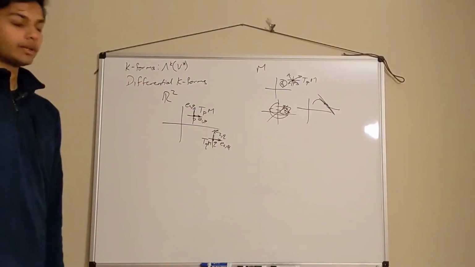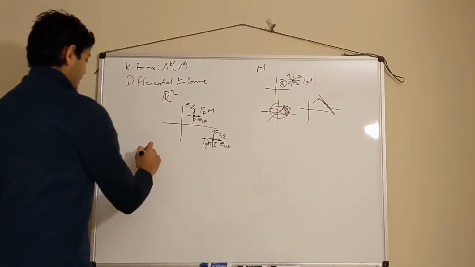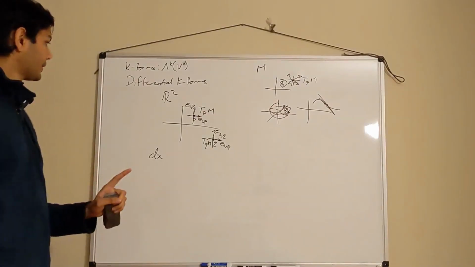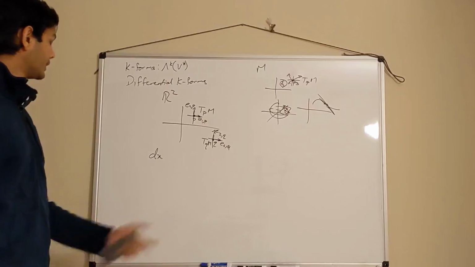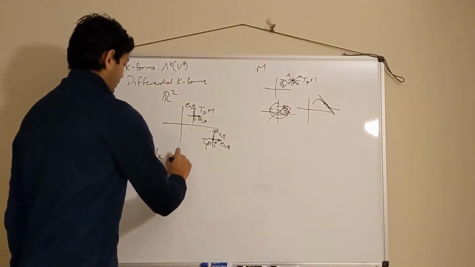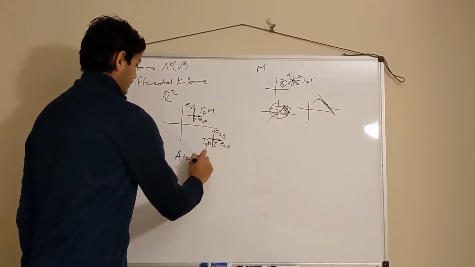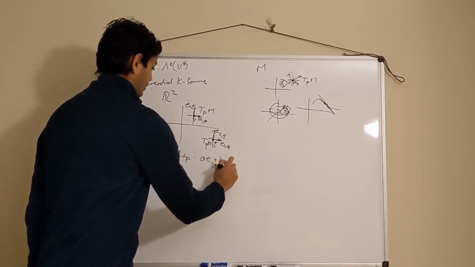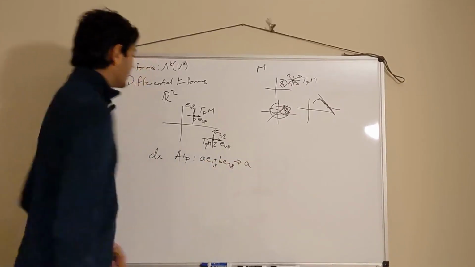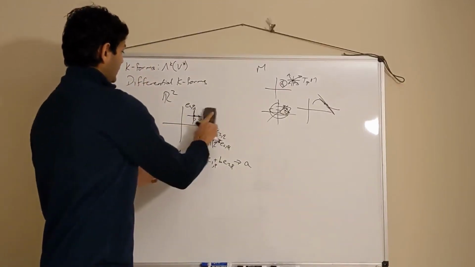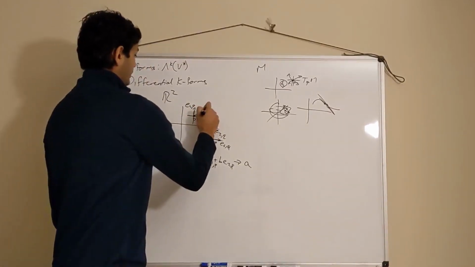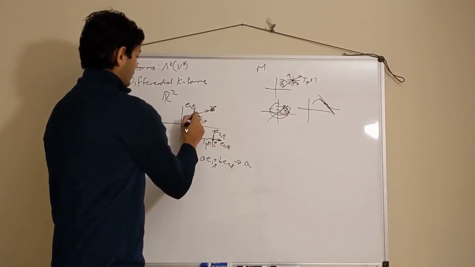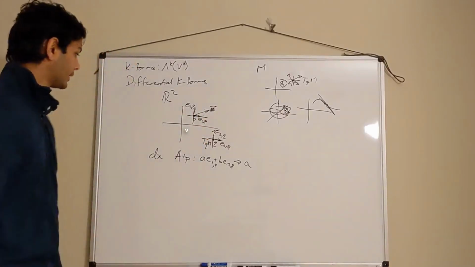So the first differential form that we can write down, a differential one-form, is the one-form dx. This is a differential one-form, which means I should take in one vector input from every tangent space and then spit out a real number. What this is going to do is, at the point P, take in the vector A E1P plus B E2P, and then spit out the number A. So in other words, if at the point P you are considering the input to be this vector V, then the output is just going to be the component in the x direction.